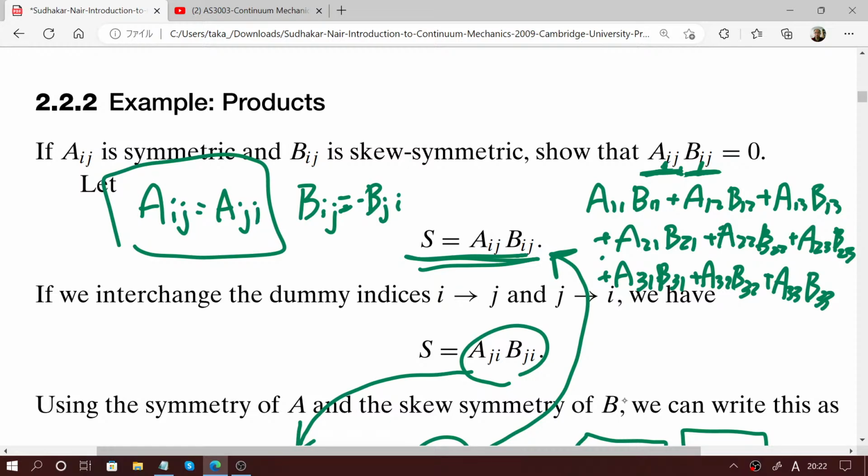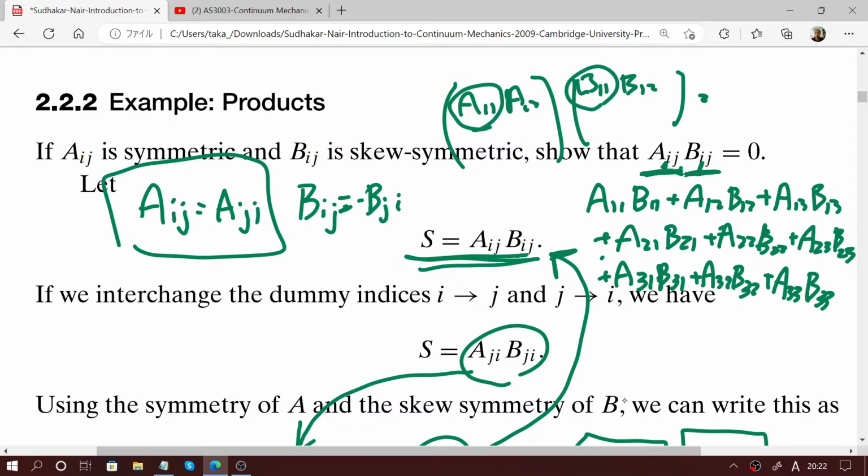This is a very strange sum. If you have A11, A12, something like this, and B11, B12. So this multiplication is just you multiply this on this.